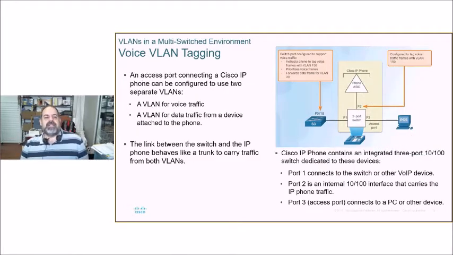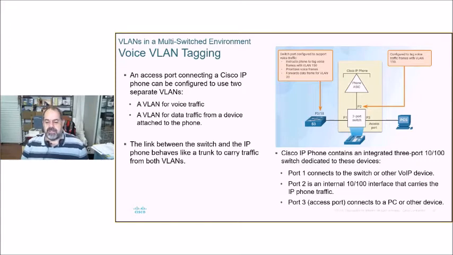So voice VLAN tagging. An access port connecting a Cisco IP phone can be configured to use 2 separate VLANs, one for voice, one for data. I did say this before. The link between the switch and the IP phone behaves like a trunk link, but only carries the traffic of 2 VLANs, those 2 VLANs that were just mentioned. The Cisco IP phone contains an integrated 3-port 10/100 switch dedicated for those devices.